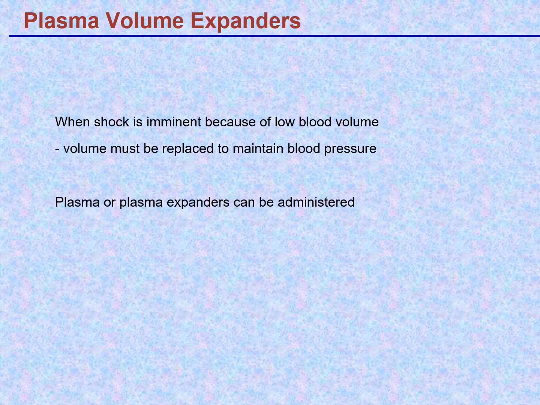Now, one problem that can occur in patients sometimes, in people who go into shock, is that they have a lower blood volume, and the lower blood volume will trigger the shock. It could be because of a bleed. That's one of the most common reasons for low blood volume.